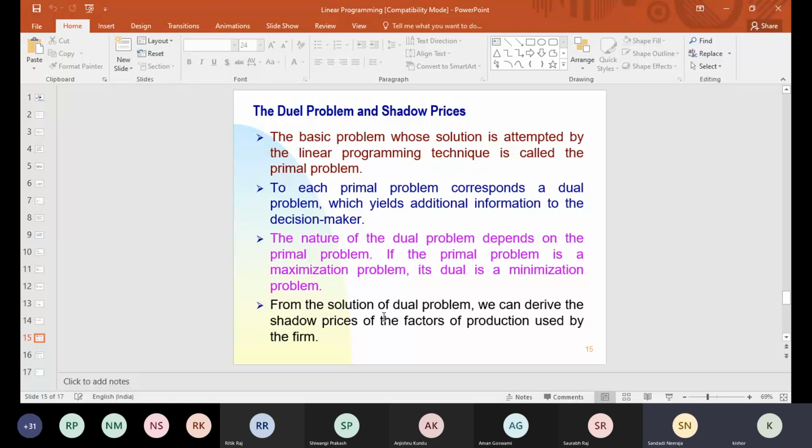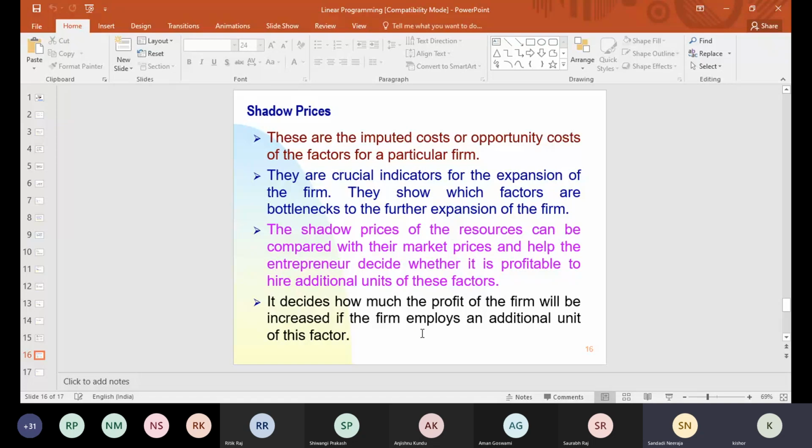From the solution of the dual problem, we can derive shadow prices of the factors of production used by the firm. Now, what is shadow price? Shadow price is basically imputed cost or opportunity cost. You remember while discussing cost, I discussed actual cost and opportunity cost, and later on even implicit and explicit cost. I brought up the value of imputed cost or implicit cost.